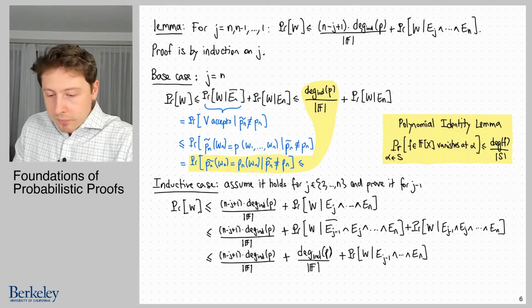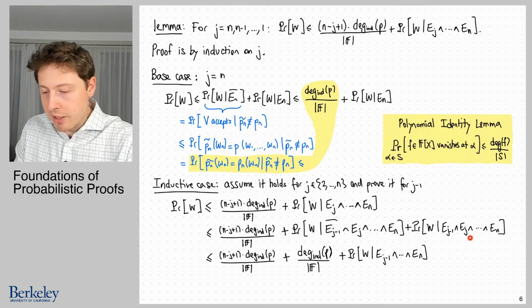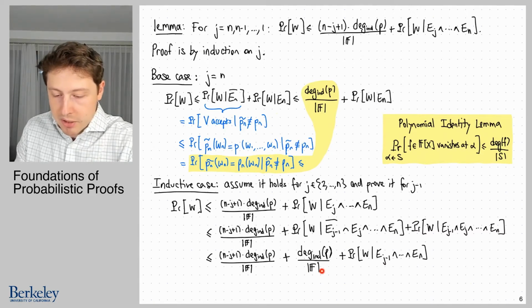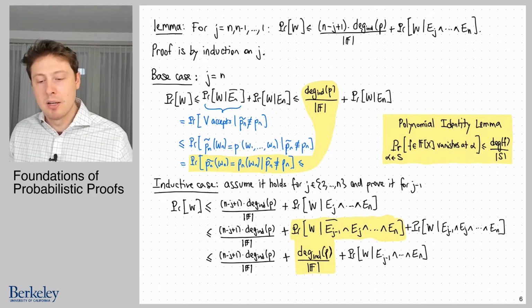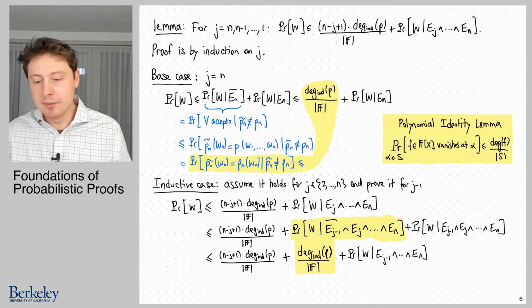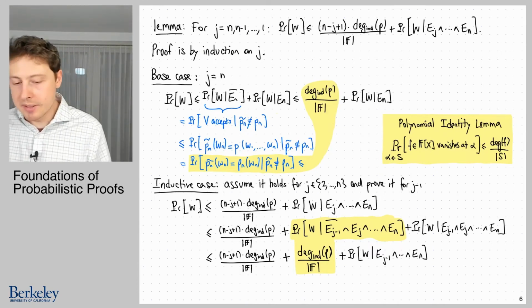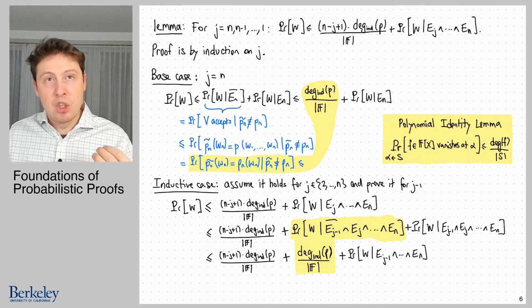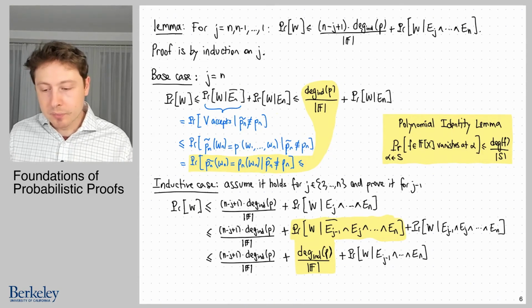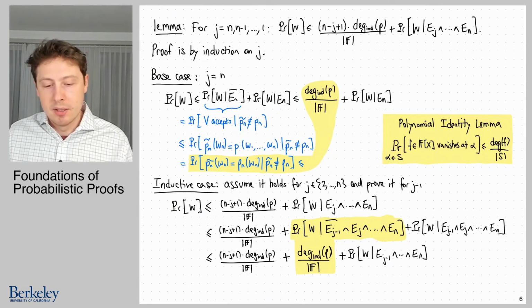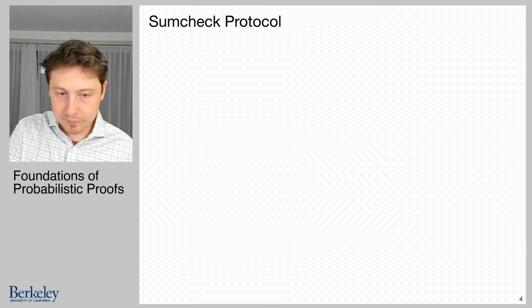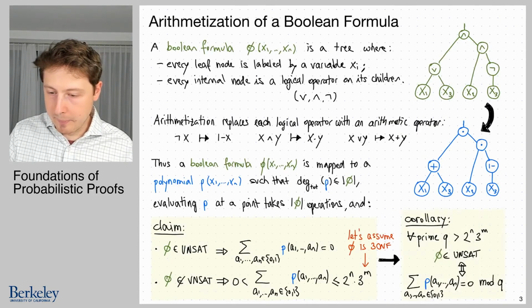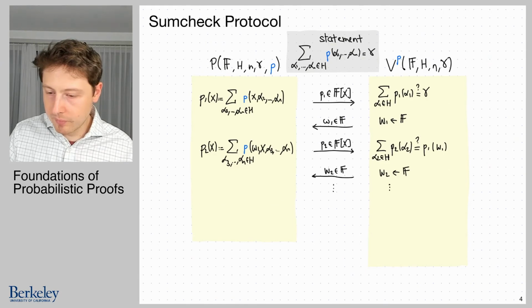So here, this part here, we are fine to keep around because that is the statement for j minus 1. Really, we want to convince ourselves that this is the case, but that's, again, an application of a polynomial identity lemma. Why? Because we have a check, which I didn't write down in the slides, that p j minus 1 evaluated at omega j minus 1 is, let me go back here. There we go.